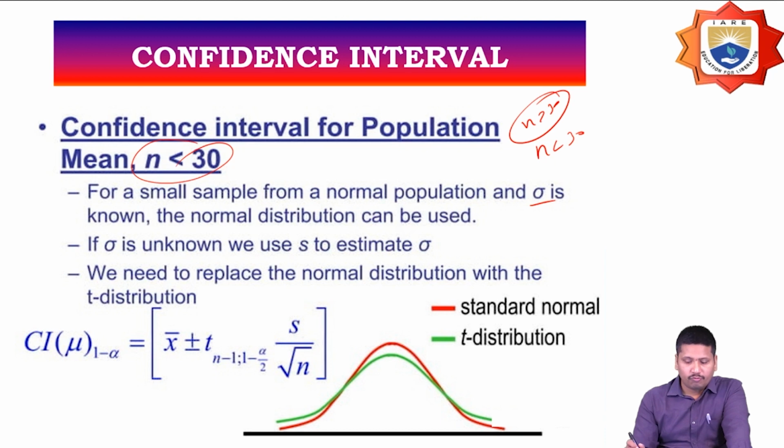So the confidence interval for the population mean when n is less than 30 is given by the equation x bar plus or minus t into sigma by square root of n.